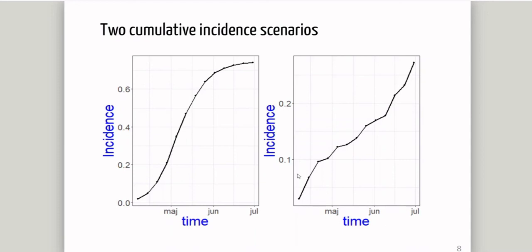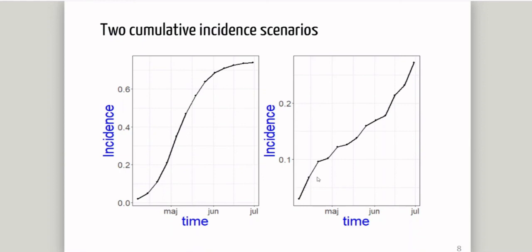However, if we look at the y-axis in the second plot, we can see that the cumulative incidence goes over 0.2, which is much lower compared to the cumulative incidence of plot A, on the left, which goes over 0.7. So it's important to look carefully at the cumulative incidence, even though the line shows a very steep increase. It's important to consider the y-axis.